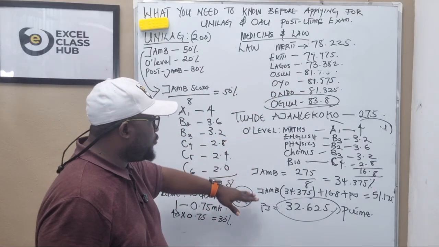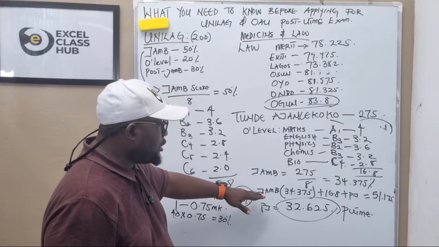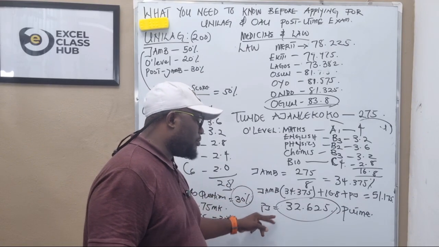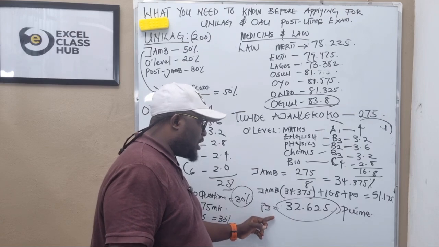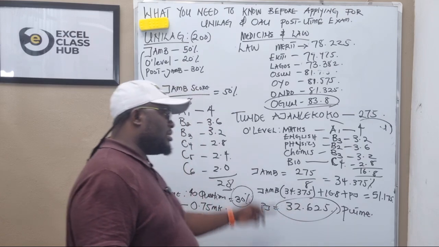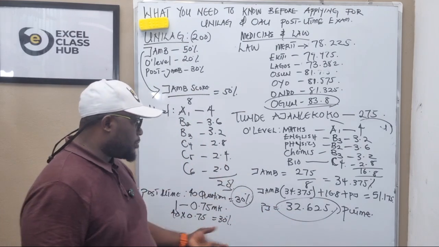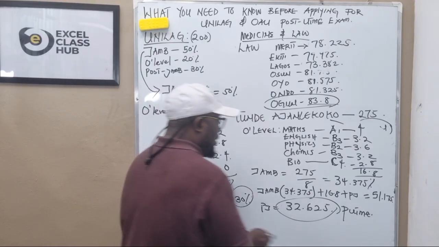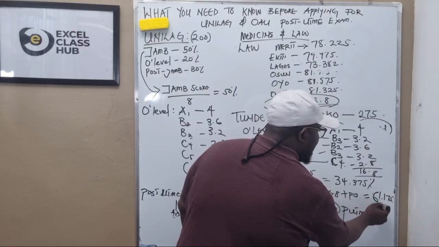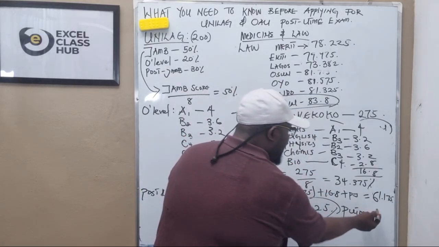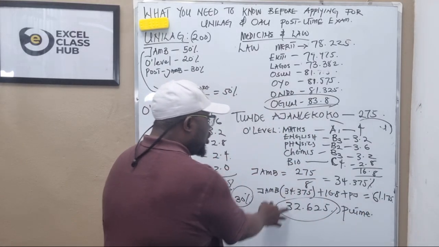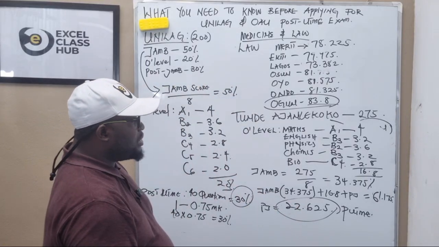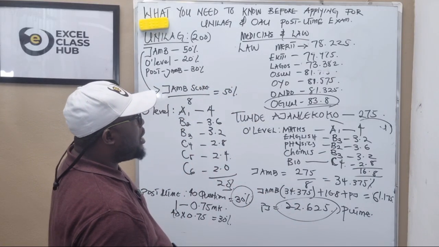If what you are looking for before post-JAMB is more than 30%, it means you can't go for that course, because the total of post-JAMB is 30%. Let's say, for example, the total is 61% here. So what you'll be looking for is just 22%.